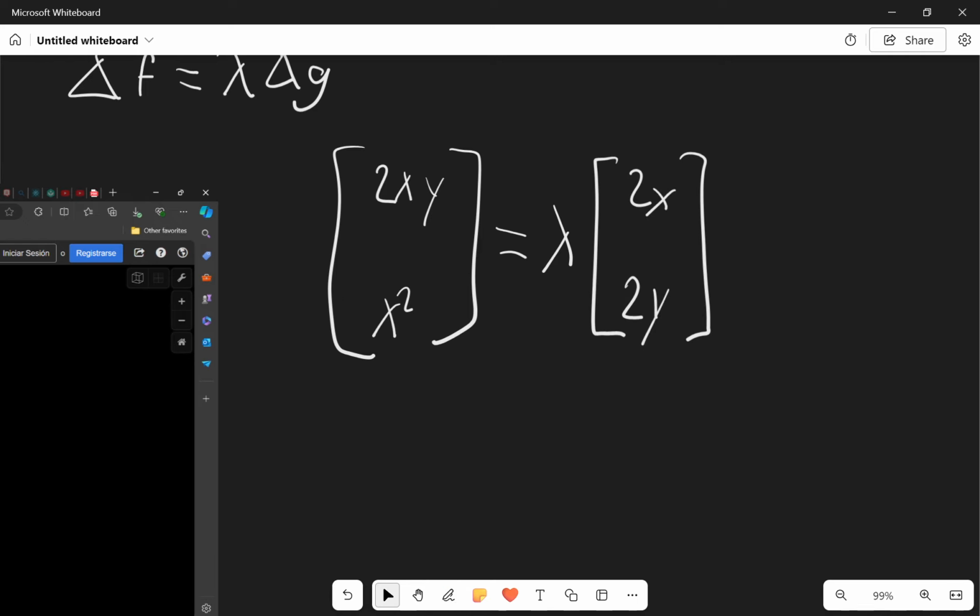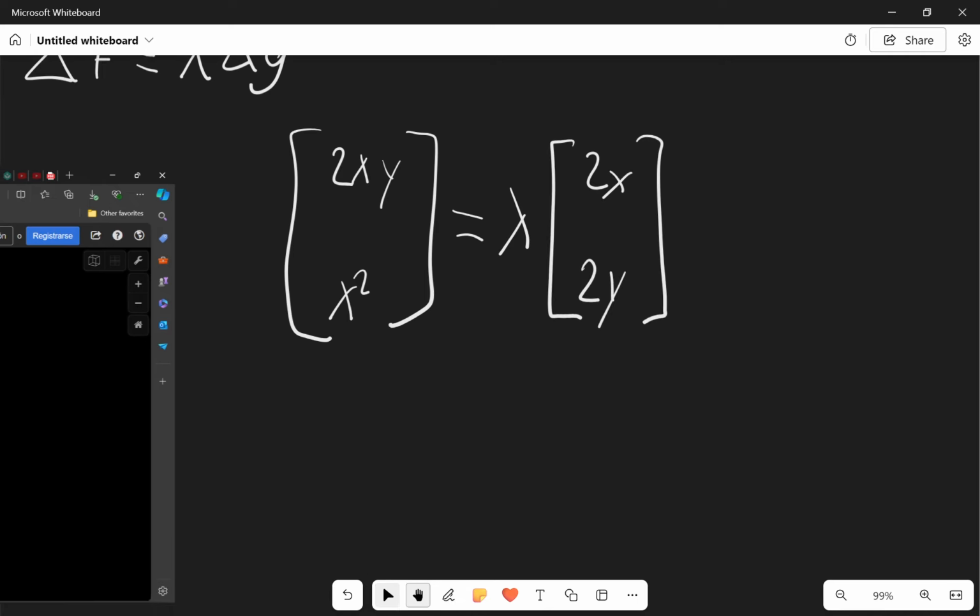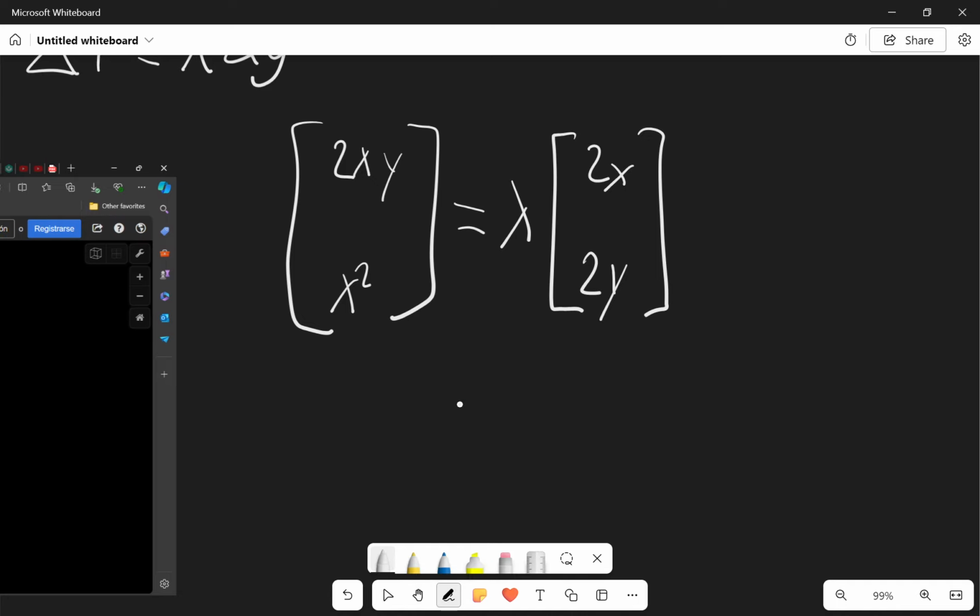So now we can set the x component, 2xy, equal to the Lagrange multiplier times 2x, and the y component, x squared, equal to the Lagrange multiplier times 2y.